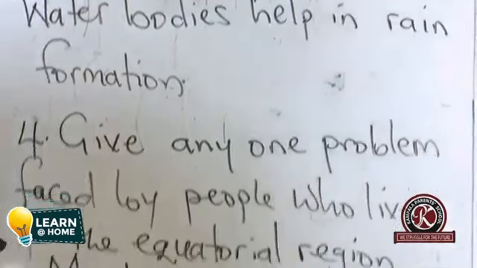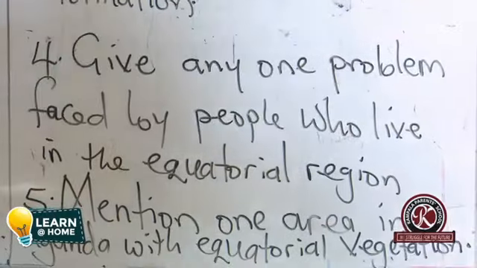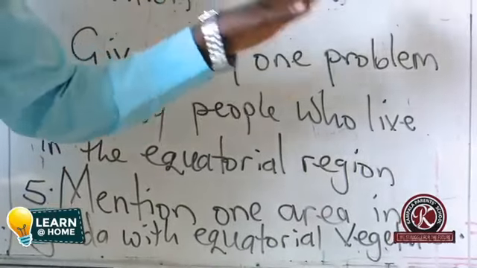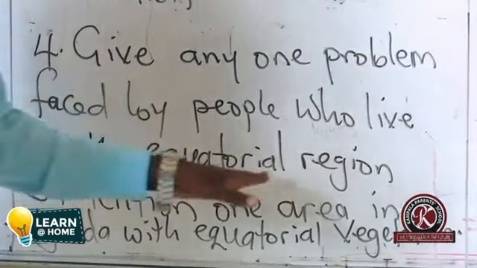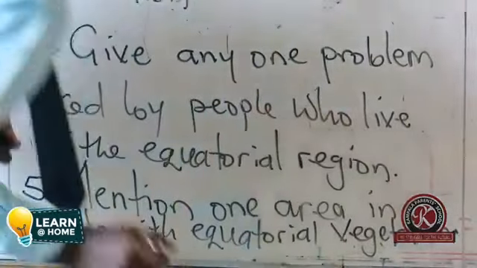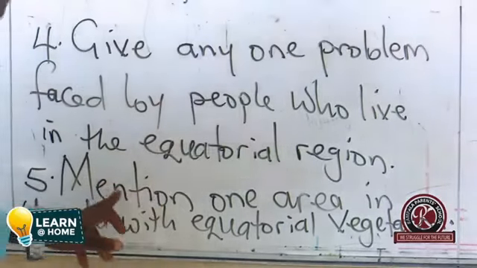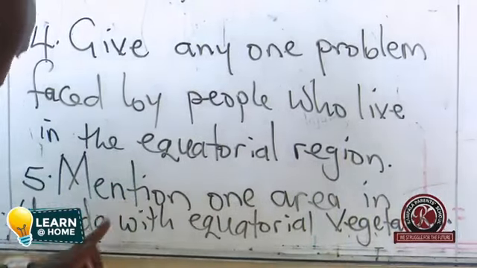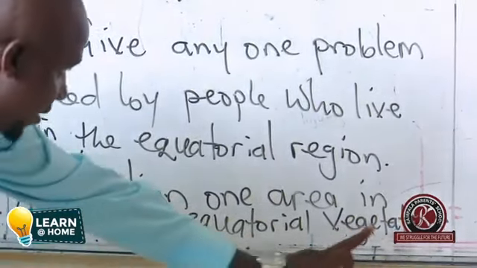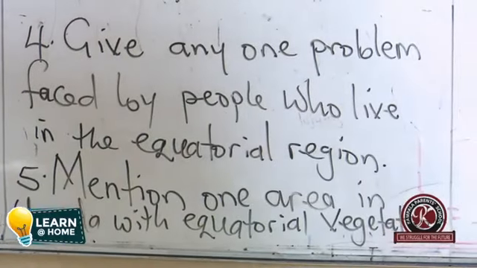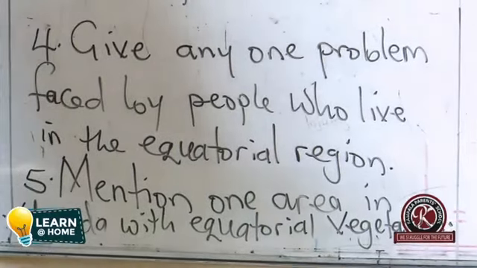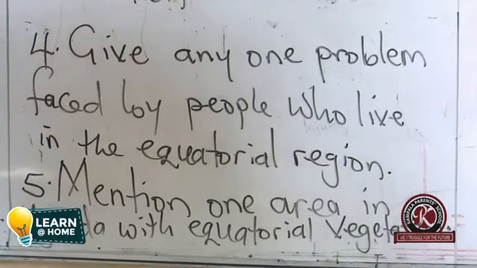Number four, give any one problem faced by people who live in equatorial region. Number five, mention one area in Uganda with equatorial vegetation. And that's our activity. Attempt it.